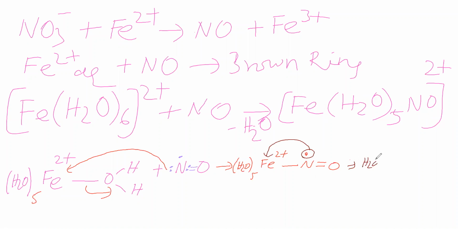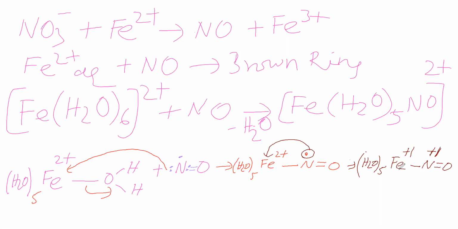Therefore, in [Fe(H2O)5NO], the Fe oxidation number plus 2 becomes plus 1, because the nitrogen of NO donates its unpaired electron to Fe. Therefore, in this NO, nitrogen gets a plus 1 charge.